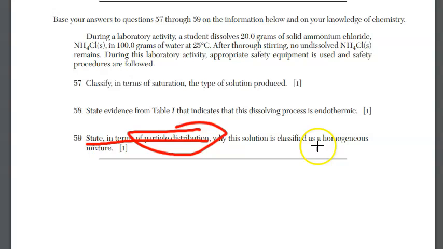Since this is a homogeneous mixture, what that means is the ammonium chloride is distributed equally throughout the solution, or you could say the particle distribution for this homogeneous mixture is that the ammonium chloride is distributed throughout the mixture. Very important. You can make a true statement about a homogeneous mixture, but if you didn't state it in terms of particle distribution, you wouldn't get the credit.